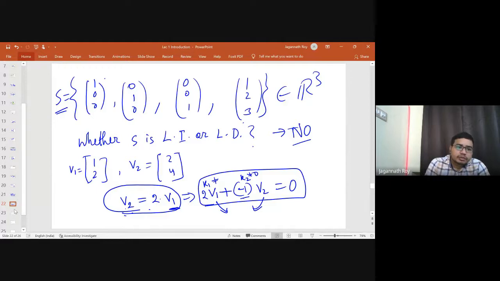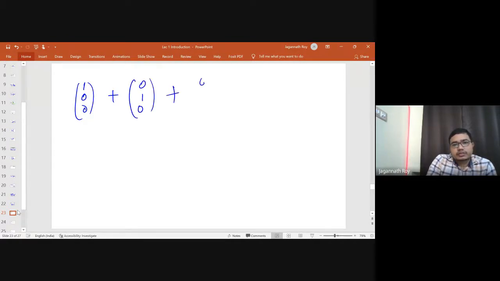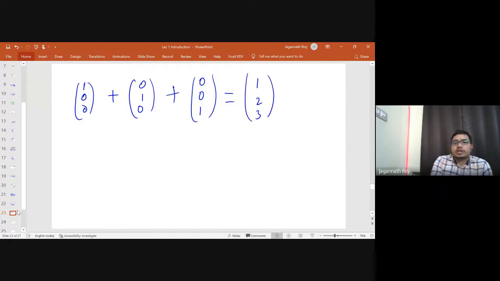Now consider this example: 1 0 0 plus 0 1 0 plus 0 0 1. We have three vectors, and the right hand side is 1 2 3. If you multiply by 1, by 2, and by 3, the right hand side becomes 1 2 3.